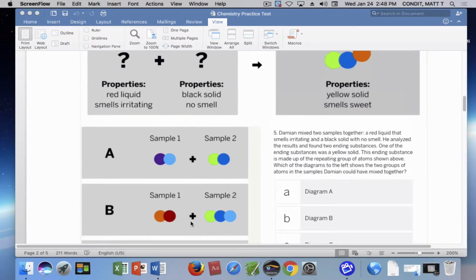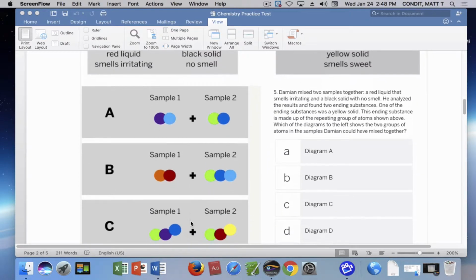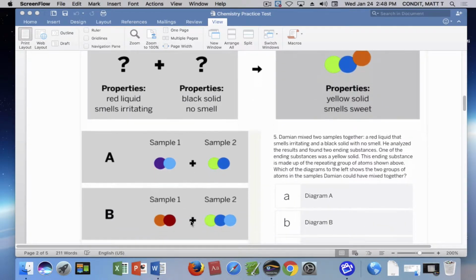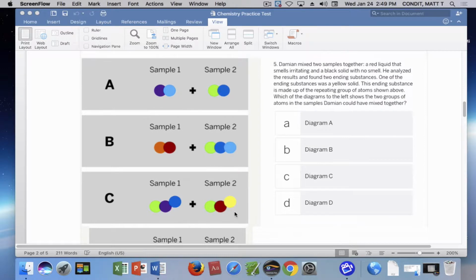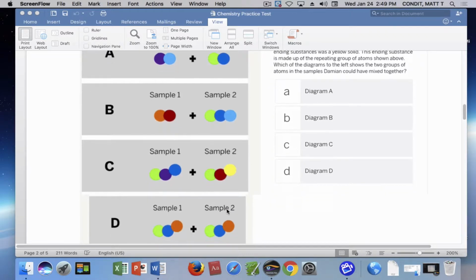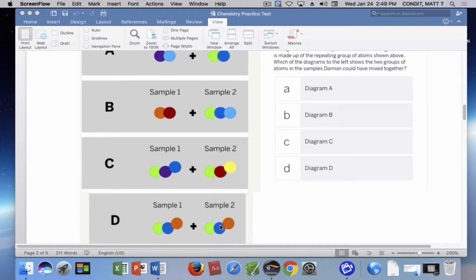If we go to C, we're looking for blue, brown, and green. And if we go here, we don't have any brown, so it can't be C. And right here, notice they're showing blue, brown, and green, and you might go, oh, that's it. But remember, the properties change, so the atoms or the molecules change.